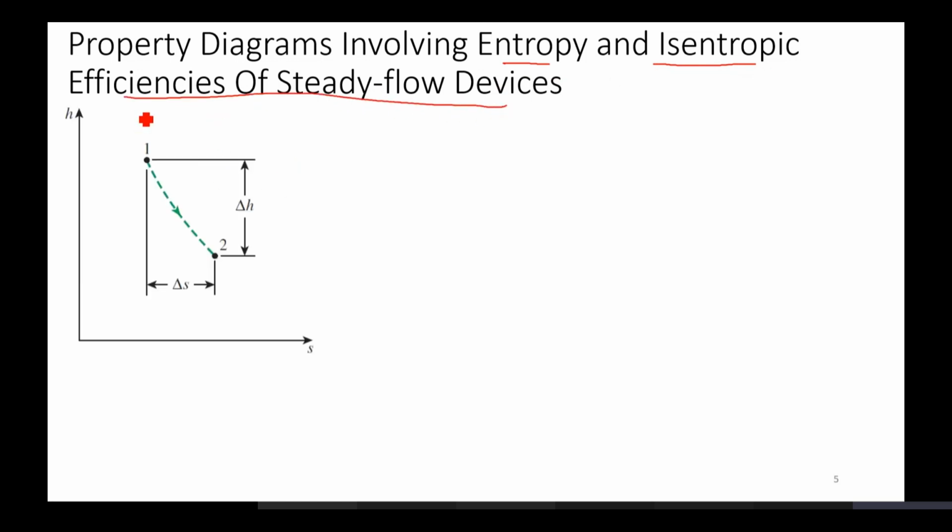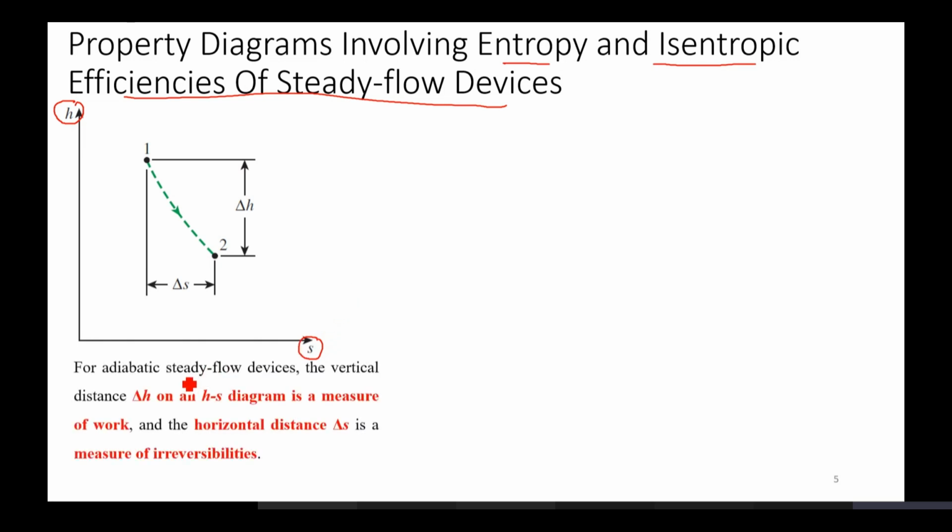Normally the diagrams, temperature entropy diagram you have seen, enthalpy entropy diagrams are normally used for adiabatic steady flow devices. So steady flow devices such as turbines, compressors, pumps, fans, nozzles, diffusers, these diagrams are very essential in those cases.